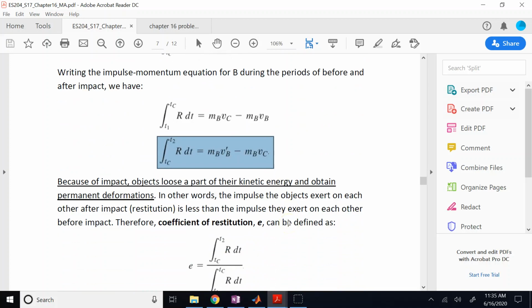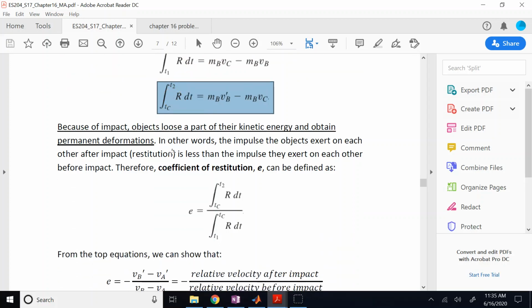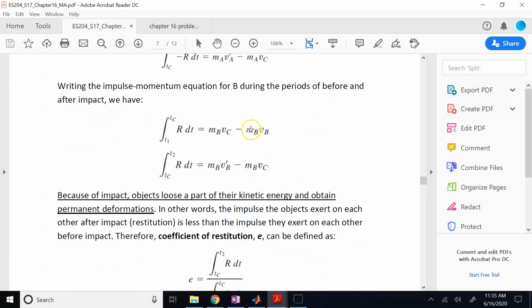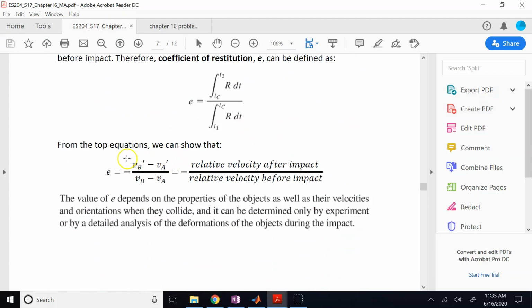And then, since the R's are equal, what we would do, we define the coefficient of restitution to be the impulse of the impact force after impact to the impulse of the force before impact. And from these two top equations, we can show that that is also equal to relative velocity of the particles after impact over relative velocity of the particles before impact with a negative sign.